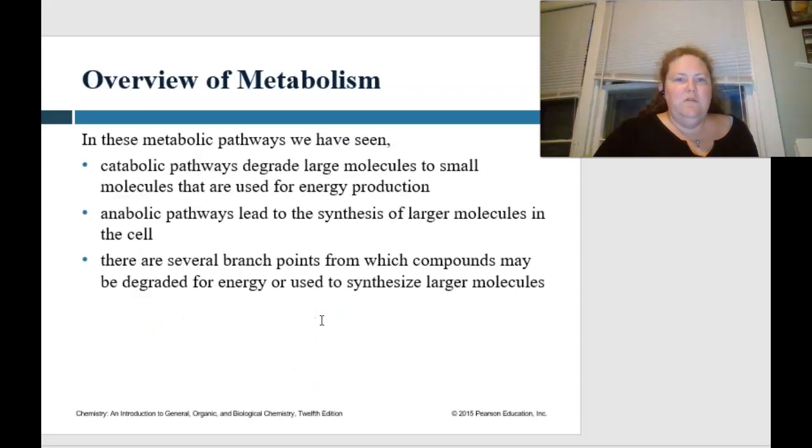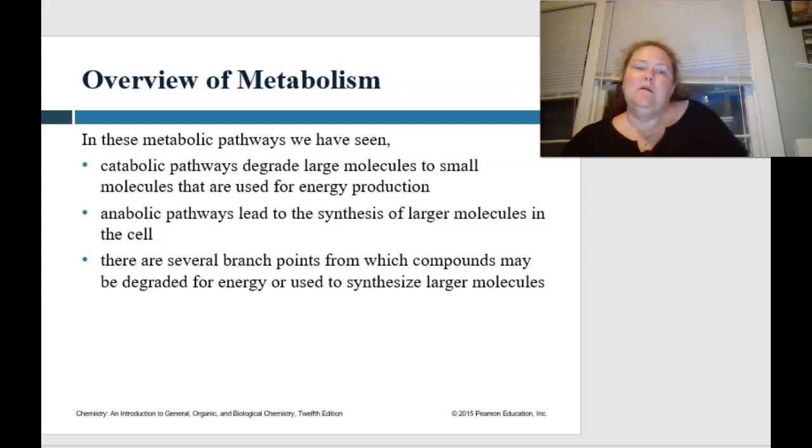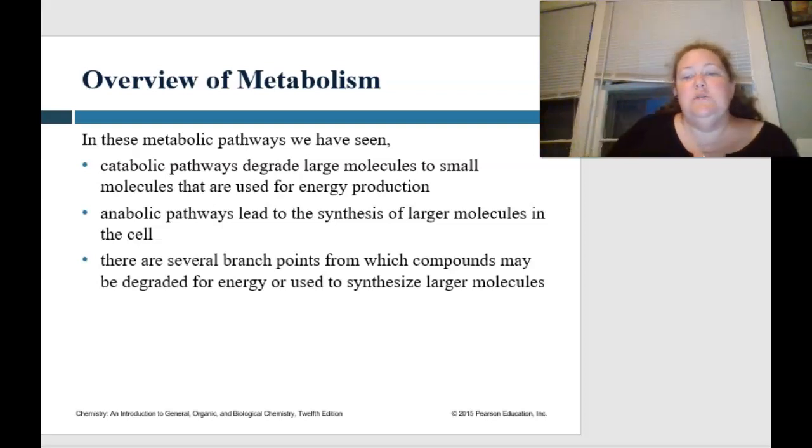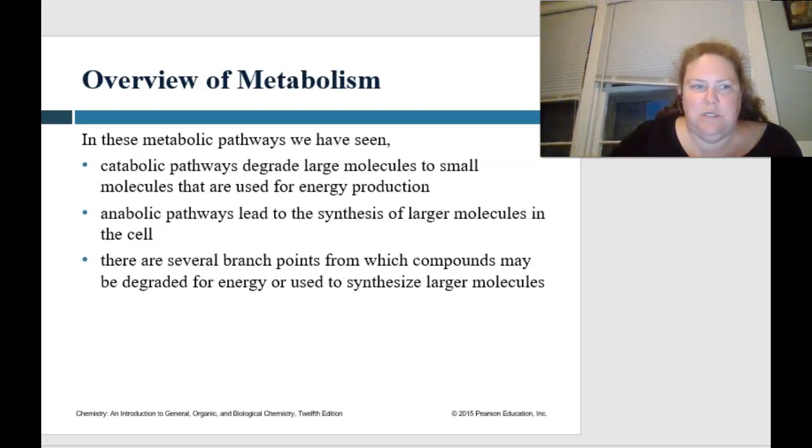So our overall view of metabolism, in these metabolic pathways that we've seen: catabolic pathways degrade or break down large molecules into the smaller molecules that are used for energy production, whereas anabolic pathways are going to build up or lead to the synthesis of larger molecules in the cell. And there are several branch points in which the compounds can be degraded for energy or used for synthesizing larger molecules.